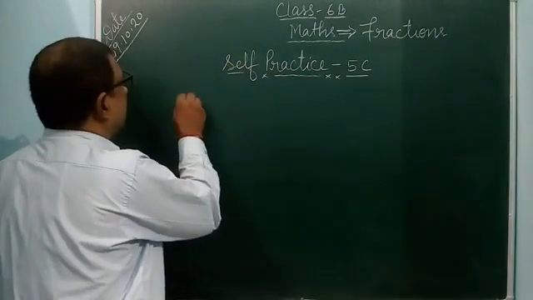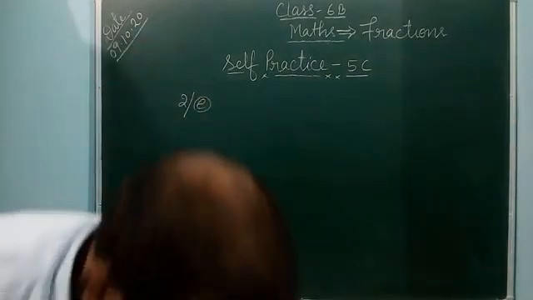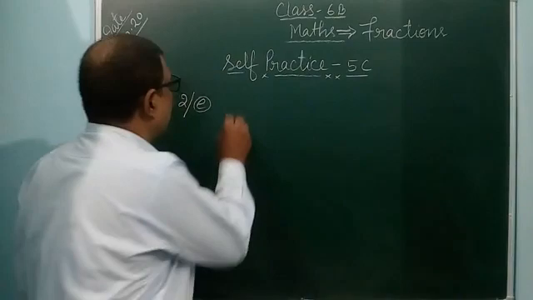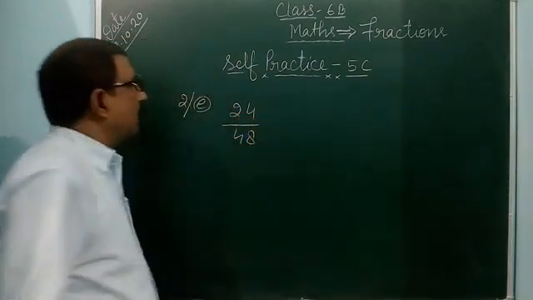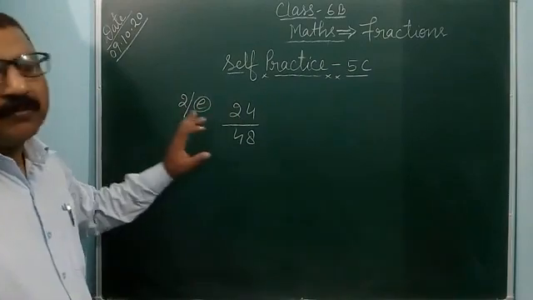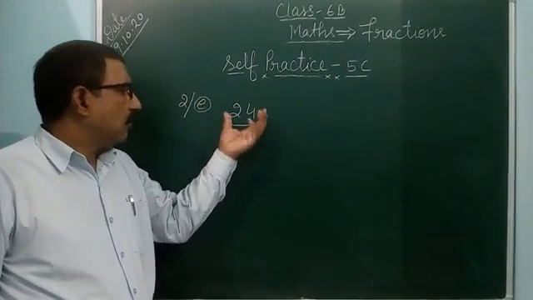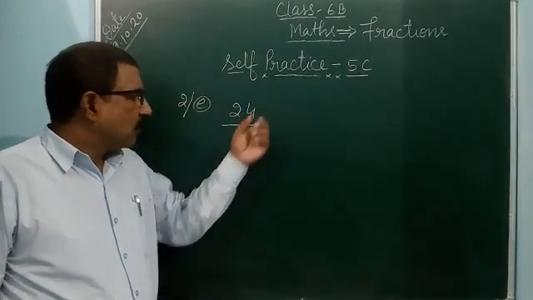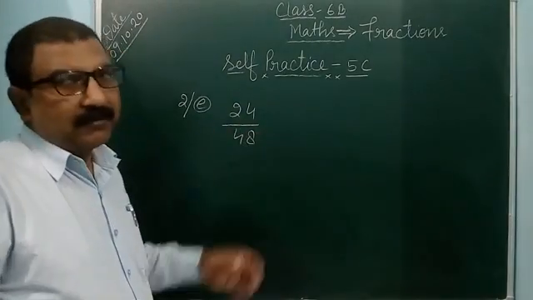24 by 48. If the numerator and denominator both have big values, and both are divided by the same number, you can also get an equivalent fraction.